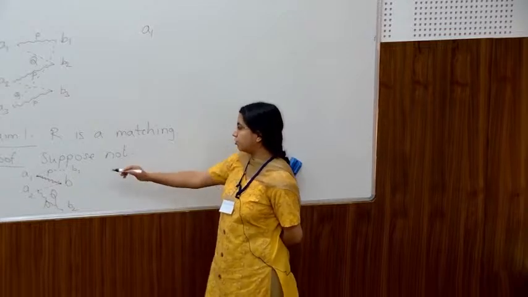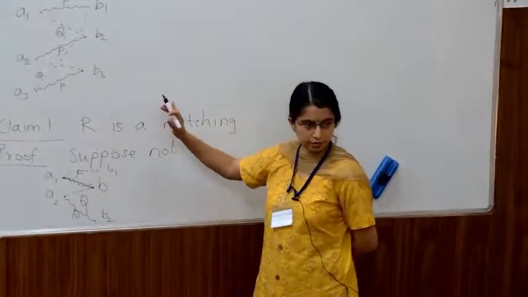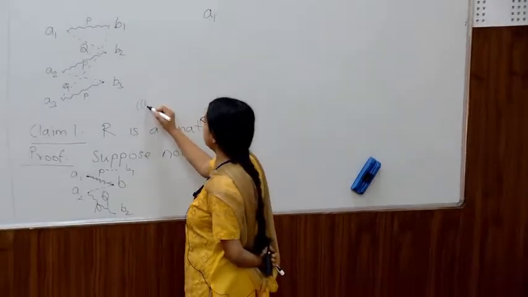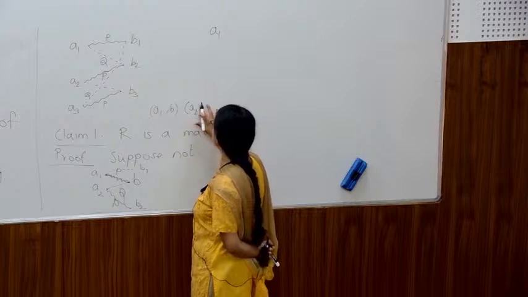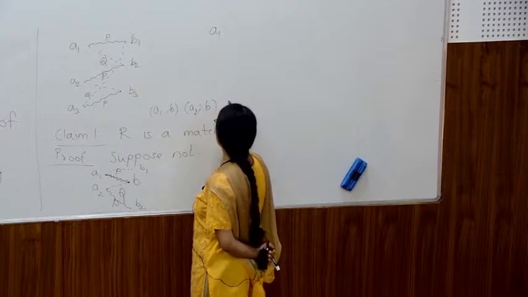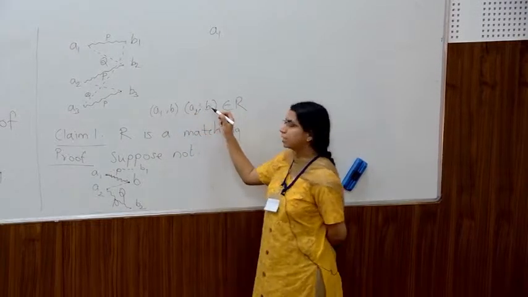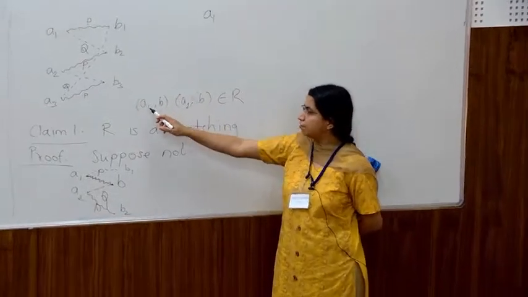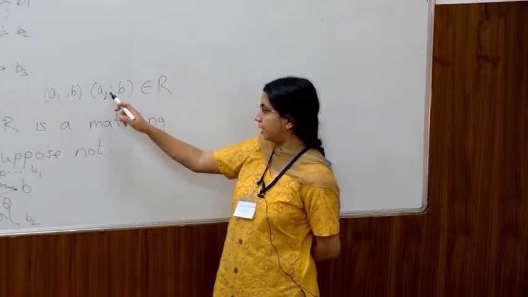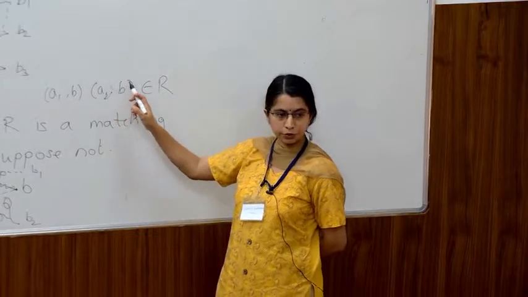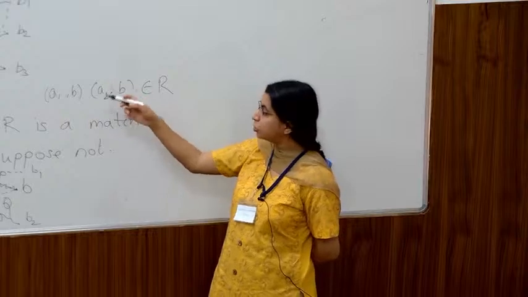So how did we get this R collection? Suppose A1B and A2B both belong to R. How did they both land up in R? We gave A1's preferred partner between P and Q to A1, A2's preferred partner between P and Q to A2. So it happened to be the same B.